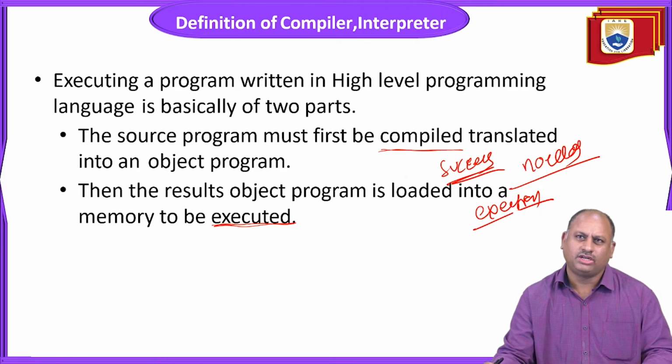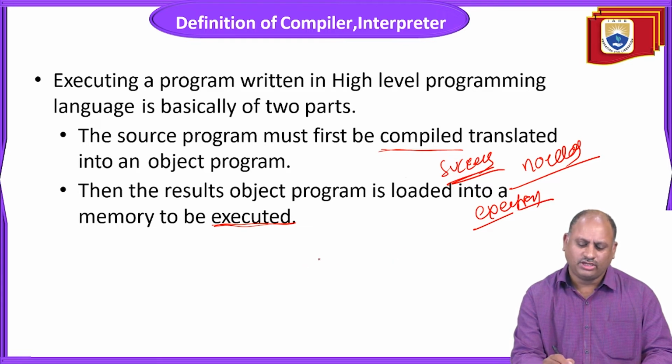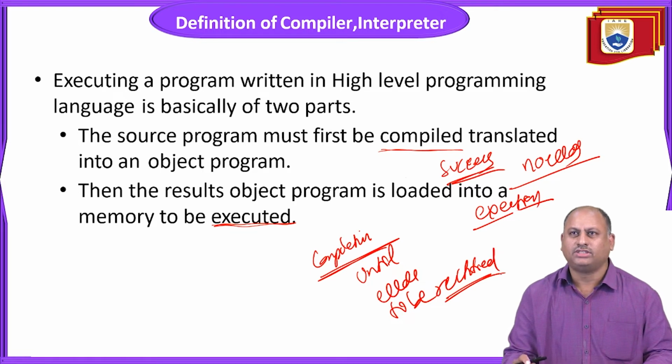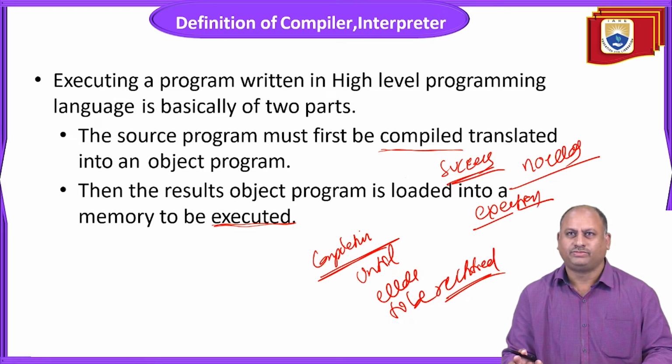If errors occurred, then we have to eliminate them and come back to the compilation phase once again. The compilation process starts again and again until the errors are rectified.